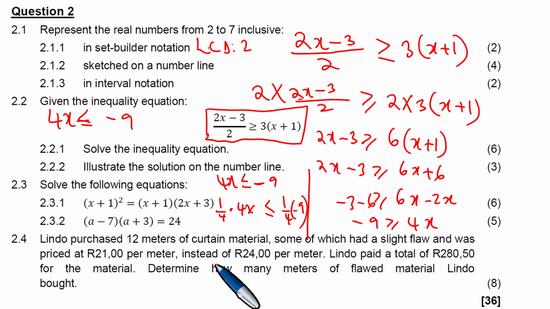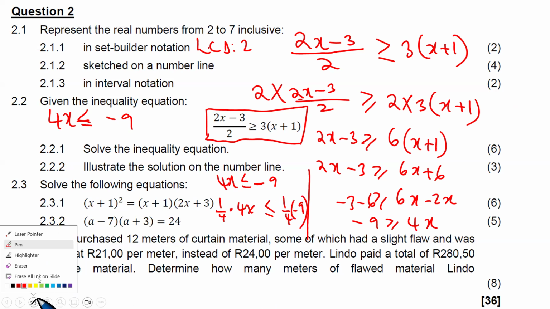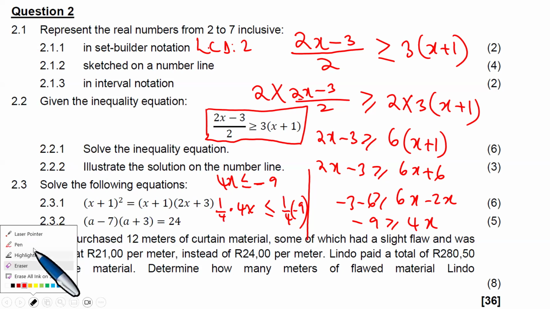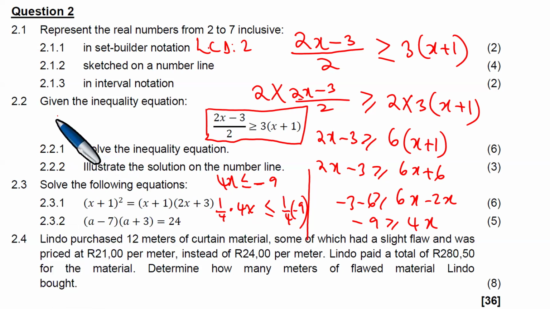Good. Now we perform the multiplication, cancel this and we have x. And we have minus 9 out of 4. Minus 9 out of 4 becomes the result, the answer to the question.